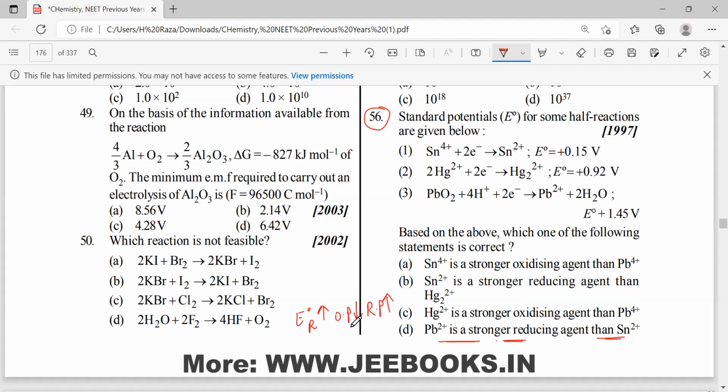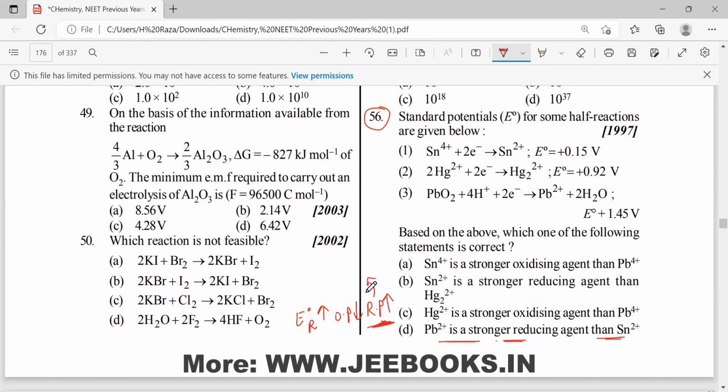Yes or no? So you are going to see the opposite from this. You are going to write the value like this, for reducing power.